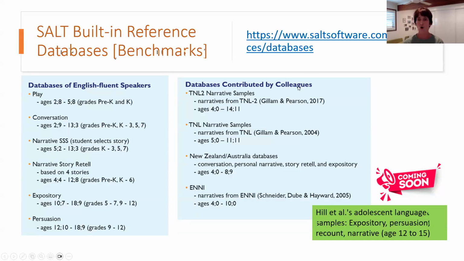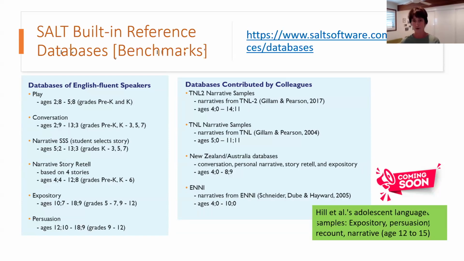And then quite a few colleagues, they call them, have contributed their databases. So the Test of Narrative Language, both versions, by Ron Gillam and colleagues. We've got a New Zealand Australia database that I've been helping with, 4 to 9 years of age. And then the ENNI is one that was by Phyllis Schneider, ages 4 to 10 in Canada.